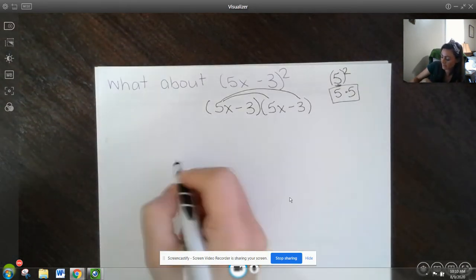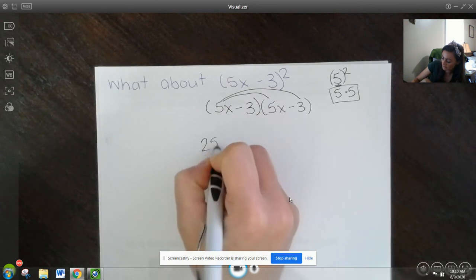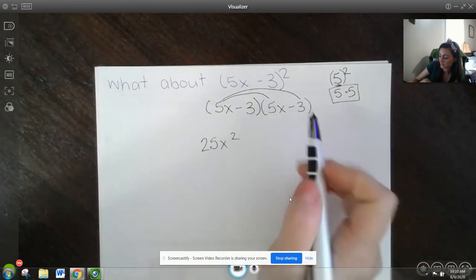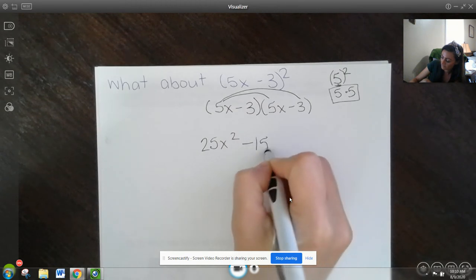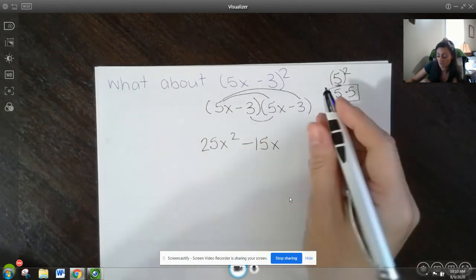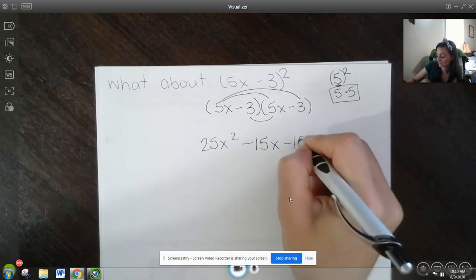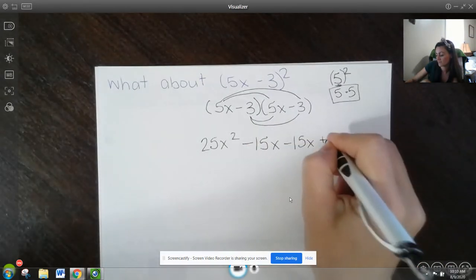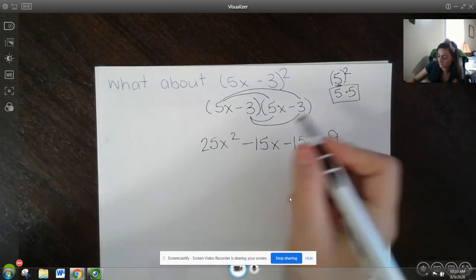So 5x times 5x gives me 25x squared. 5x times negative 3 gives me negative 15x. Negative 3 times 5x gives me another negative 15x. And then negative 3 times negative 3 gives me plus 9.